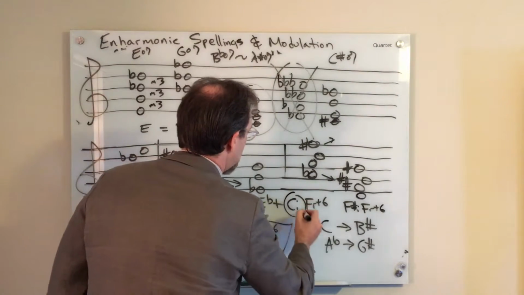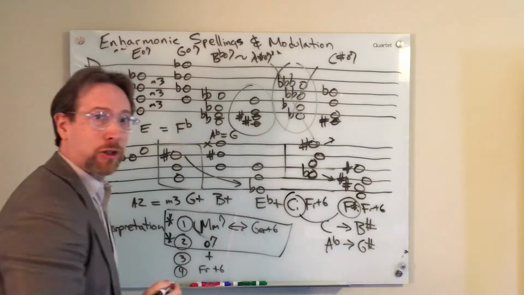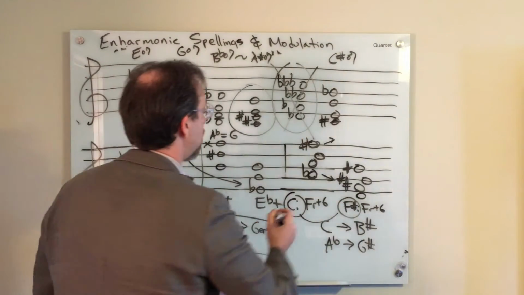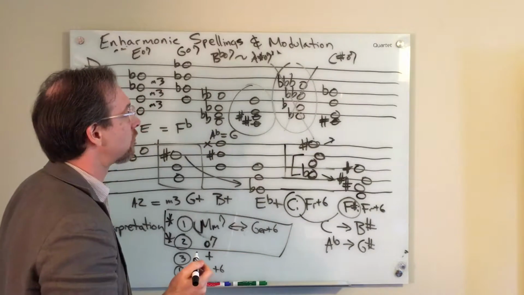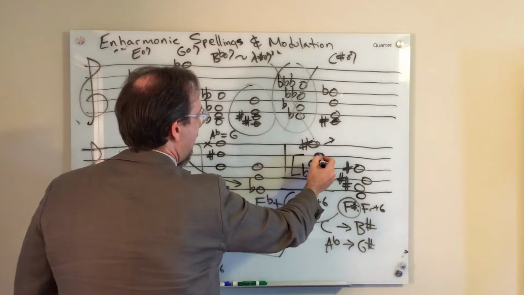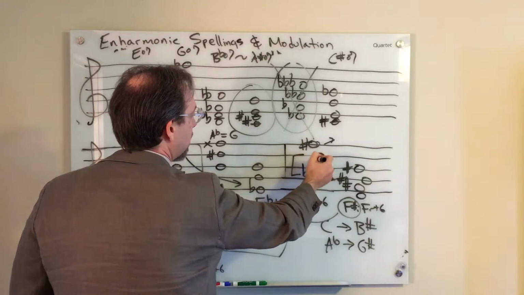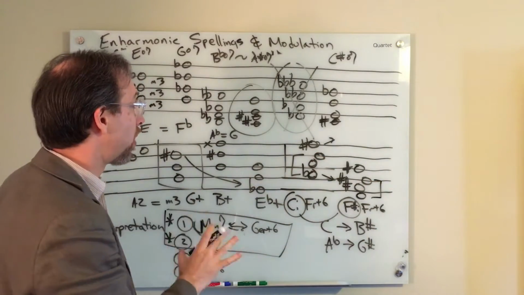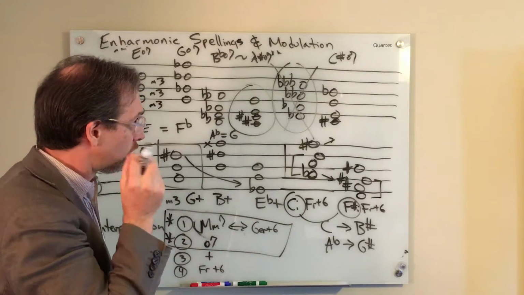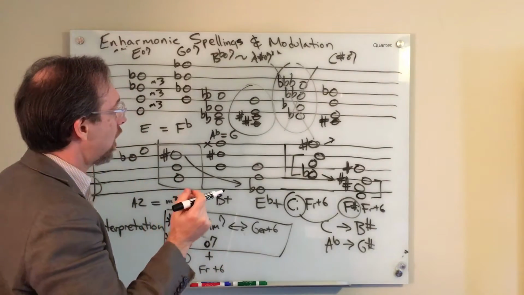This is a French augmented 6 in the key of F sharp. Notice that the relationship between these two keys is a tritone. And you'll notice that one of the things that makes the French augmented 6 really unique in sound is that it has that augmented fourth tritone interval as part of its makeup. It's one of the things that makes it really French, that French sound.